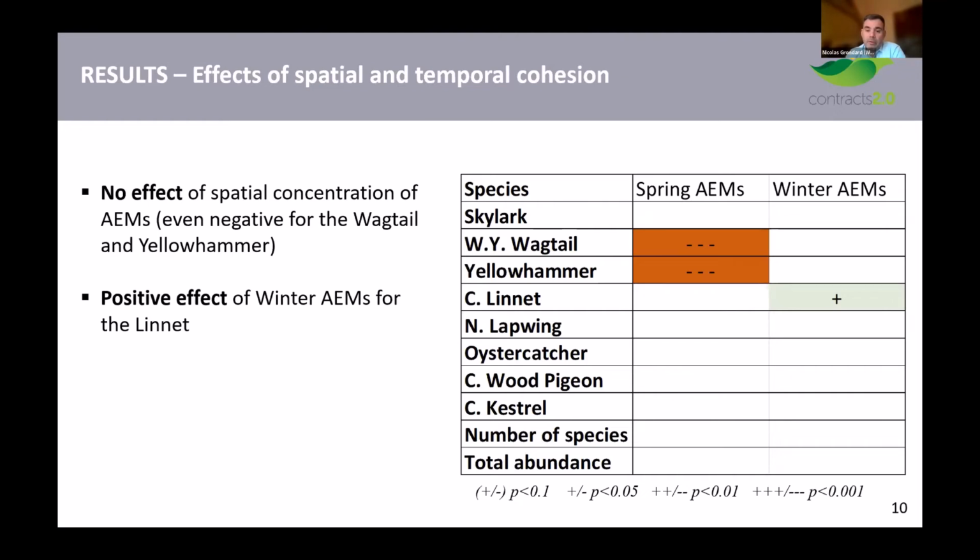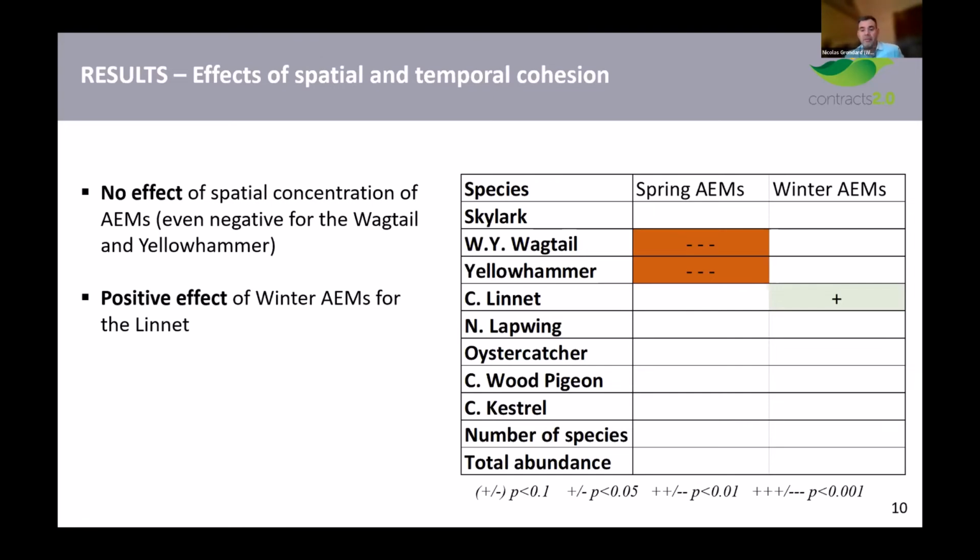And there may also be some non-linearity in the relation between the percentage of measures in the landscape and birds' abundance. So there may be some thresholds or ceilings in the relationship. If we take, for instance, the example of the wagtail, a too high percentage of measures in landscapes may be associated with less winter cereal cover.